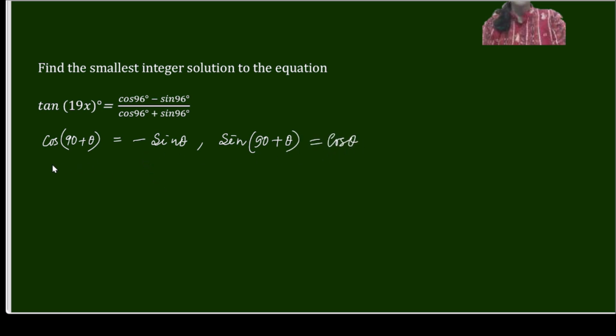Applying this concept, I can write cos 96 degree equals negative sin 6 degree and sin 96 degree equals cos 6 degree.